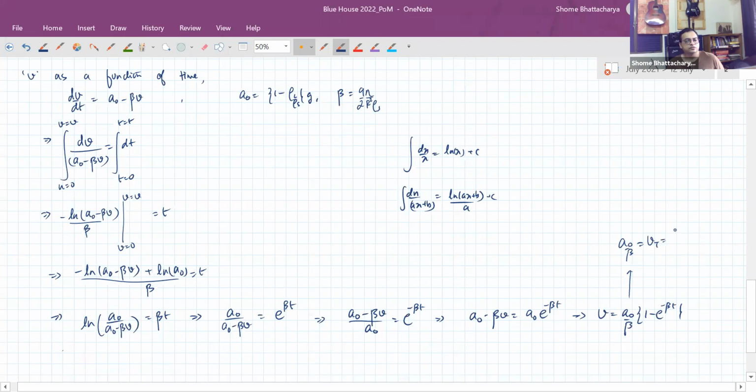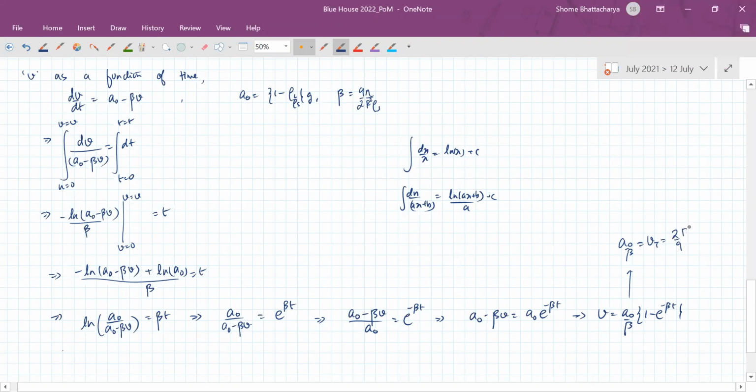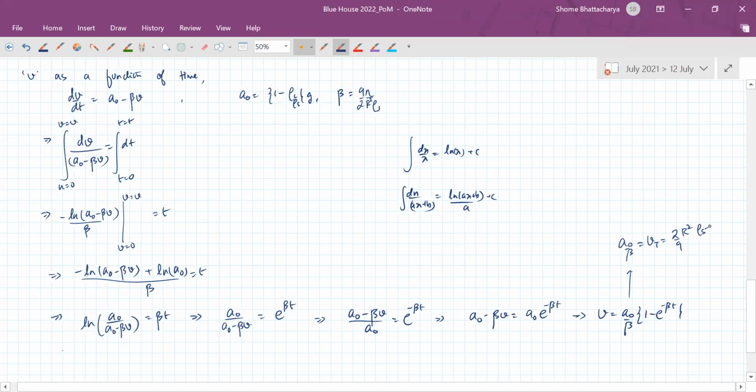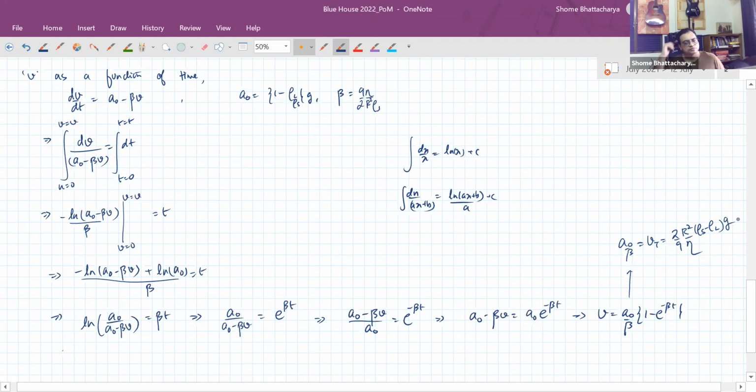That is that factor of 2 by 9, rho, r square into g by difference in density upon beta, this kind of term.